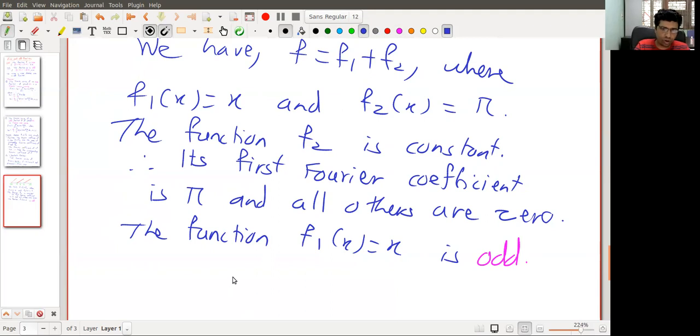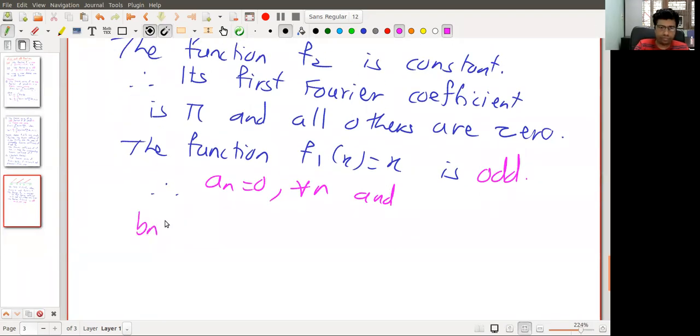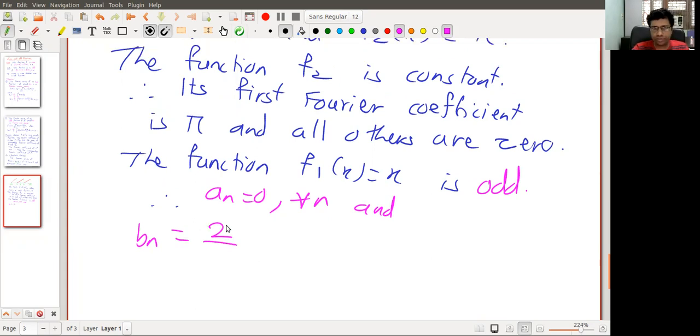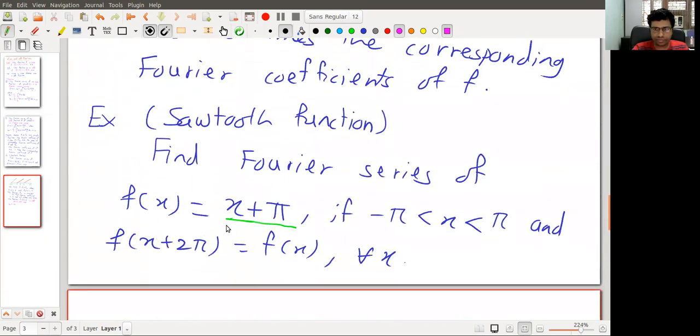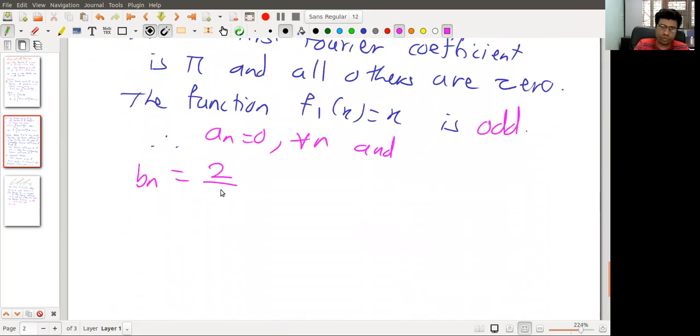That means all an's are 0, therefore an equals 0 for all n, and for bn we have bn equal to 2 upon L. We should note that L is pi here. It is between minus pi and pi, so this is a periodic function of period 2 pi. So L is pi, and 2 upon L means 2 upon pi.